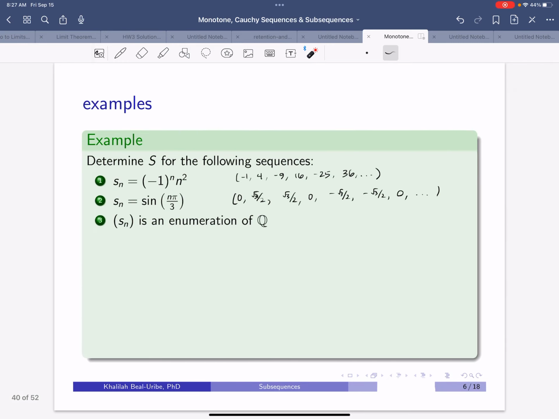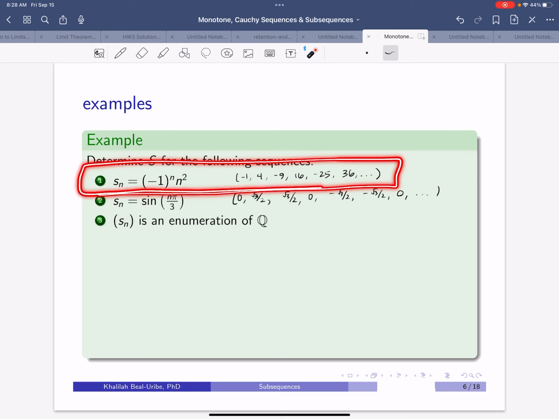And let's practice computing the set of subsequential limits for the following sequences. So let's look at this example here. This one we kind of already started looking at. Now, if you think about all the possible subsequences, do any of the subsequences converge to a real number?